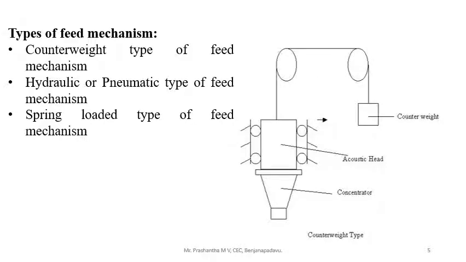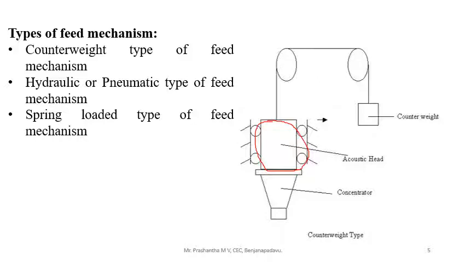The feed force is the difference between the weight of the acoustic head, which is here, that is the ultrasonic transducer and the tool holder combination, and that of the counterweight attached through the lever system.